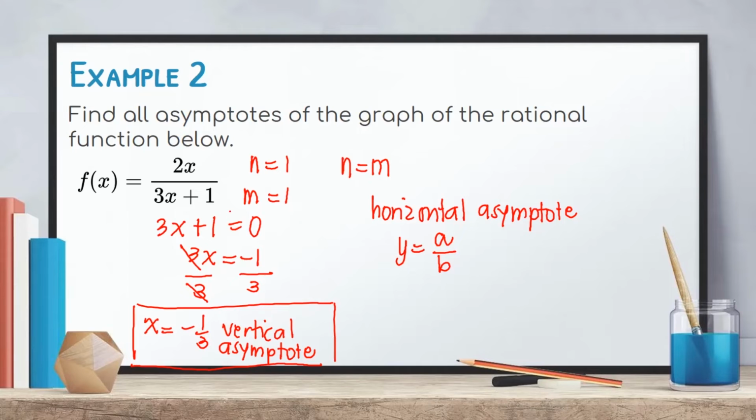Going back to our given, the leading coefficient of the numerator is 2, and the leading coefficient of the denominator is 3. Therefore, our horizontal asymptote will be y equals 2 over 3.